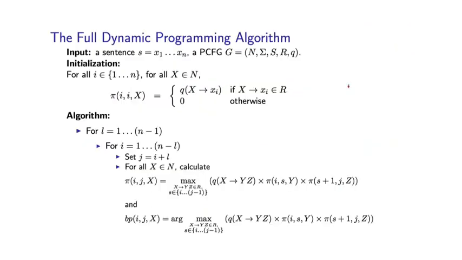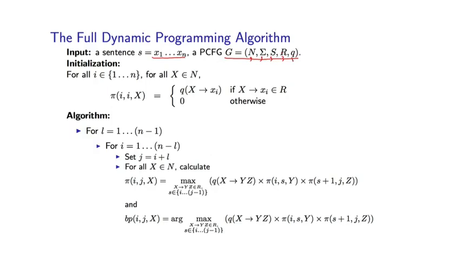So here's the final algorithm which puts all of these ideas together. The input to the algorithm is a sentence, so that's a sequence of n words, x1 through xn, and in addition we have a PCFG which consists of non-terminals, terminal symbols, a start symbol, rules, and a set of parameters.